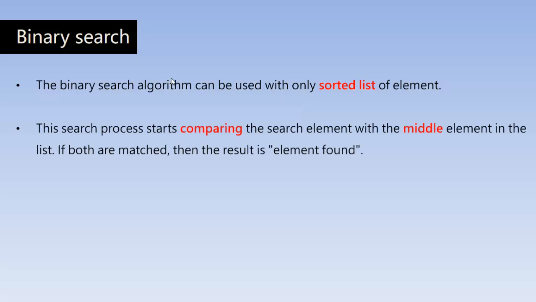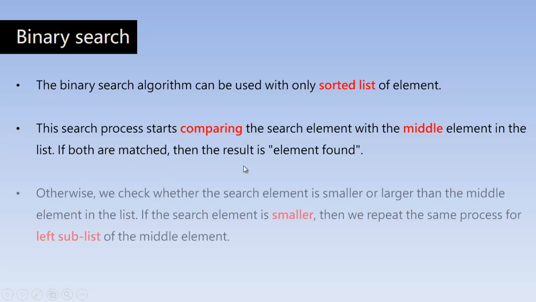Next, the search process starts by comparing the search element with the middle element in the list. Every time we compare the middle element with the search element. That is the only thing we do here, right? If both match, then the result is element found. Otherwise, we check whether the search element is smaller or larger than the middle element.